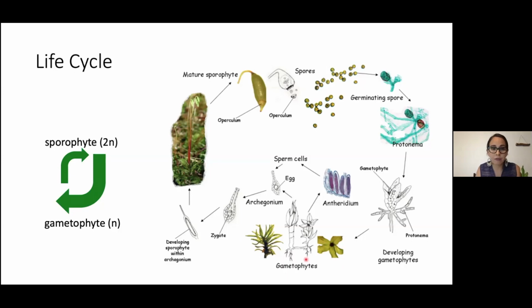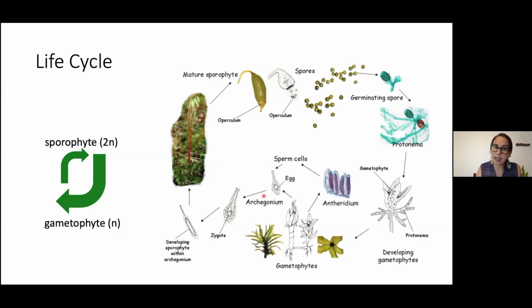Bryophytes do not have true roots or true leaves. They only have rhizoids or small structures to hold in place. So they don't really use this for water. They use it to stay put in the place where they are. And then they do have eggs and sperm.